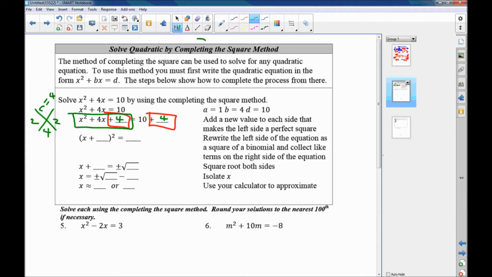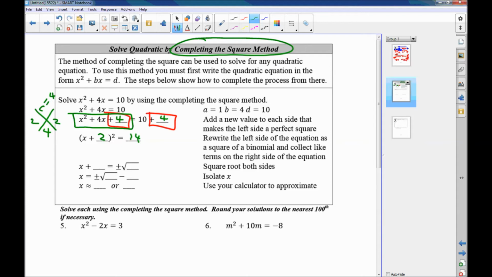Okay, this is why it's called the completing the square method, because we added something to make it a perfect square. Okay, all right, so this is going to factor into x plus 2 squared, and then 10 plus 4 makes 14. And now we have a problem, like I told you in our last notes, that it was important. We have x plus 2 squared equals 14.